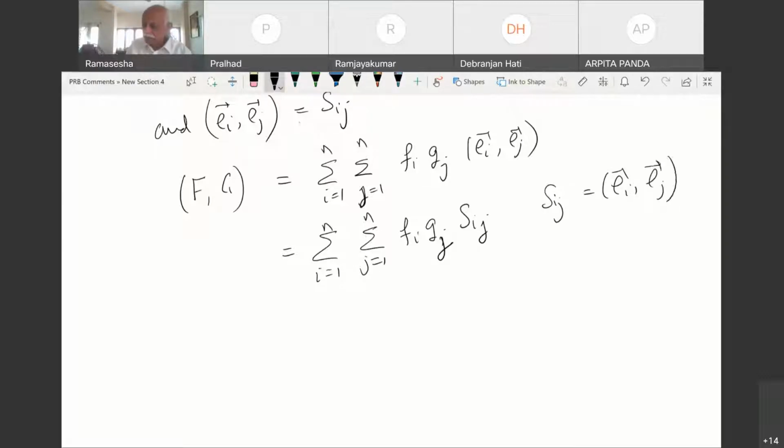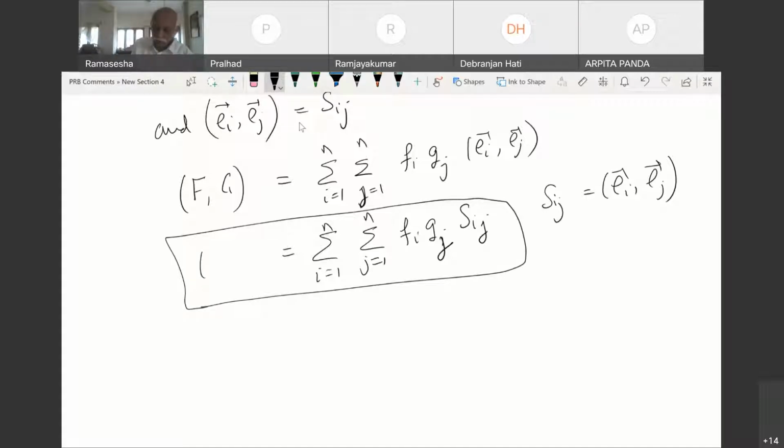Okay, so if (e_i, e_j) is delta_ij, then I get back the usual definition of the inner product, which is just the product of the components along these orthogonal directions. But if the directions are not orthogonal, then this is a general inner product definition. Okay, so you see that S_ij is a Gramian, or it's actually a Gram matrix.